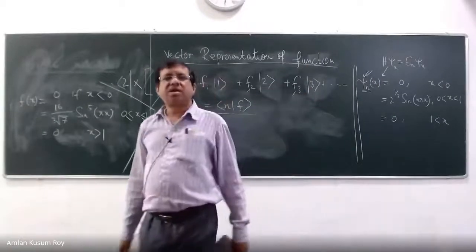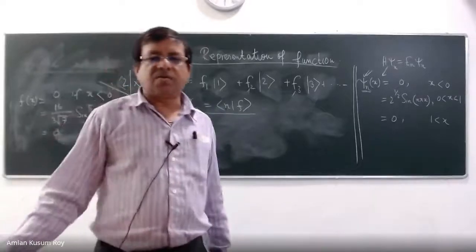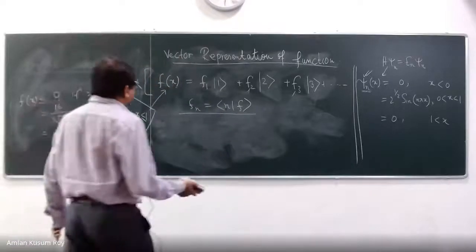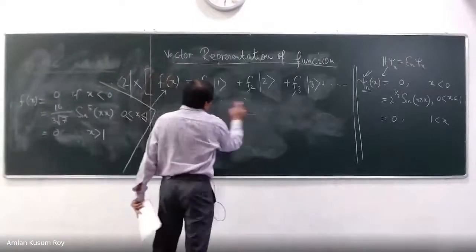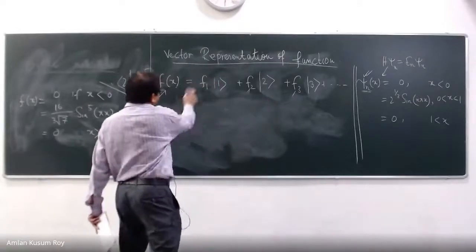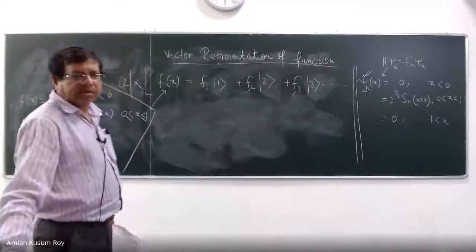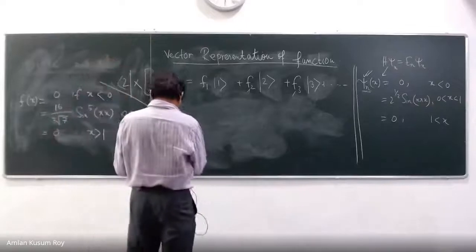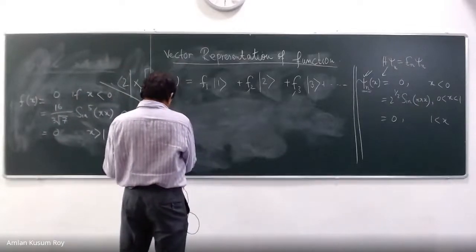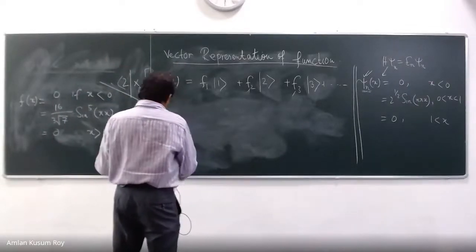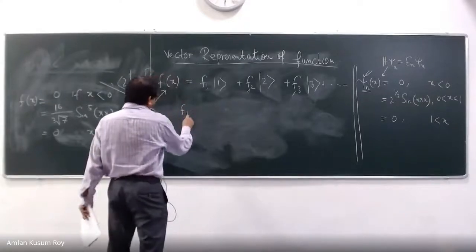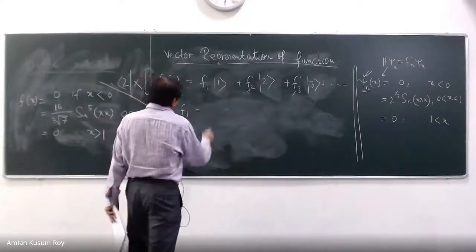So what is to be done? The only thing that I have to do is find out the proper coefficients. Okay? Is that understood? So I can do that. My f1, you have already worked out.